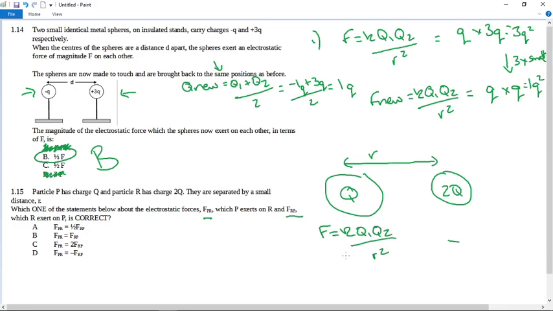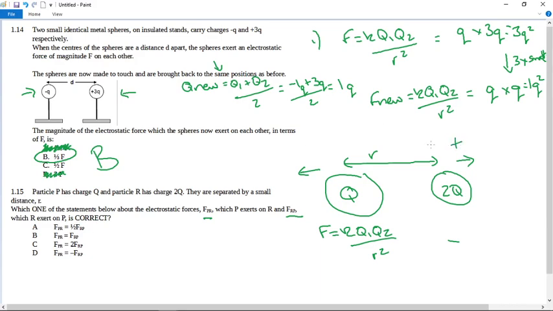So if we're calculating the force, we will get a single value for the force, and the force will be equal and opposite on both of these spheres regardless of their charge, okay? So the two must be equal, but they are in opposite directions. Force is a vector. If the forces are in opposite directions, they will have opposite signs.